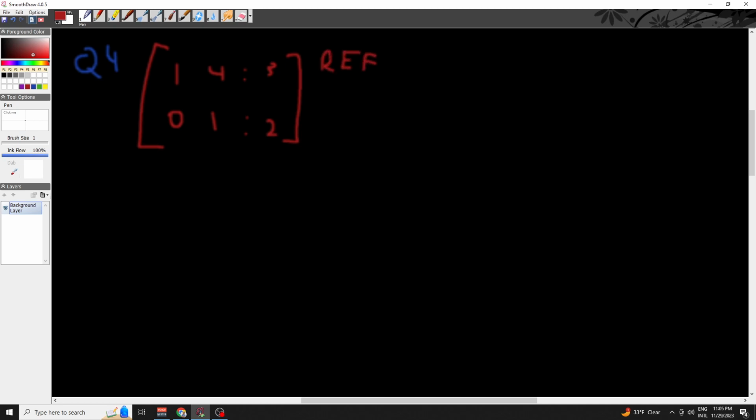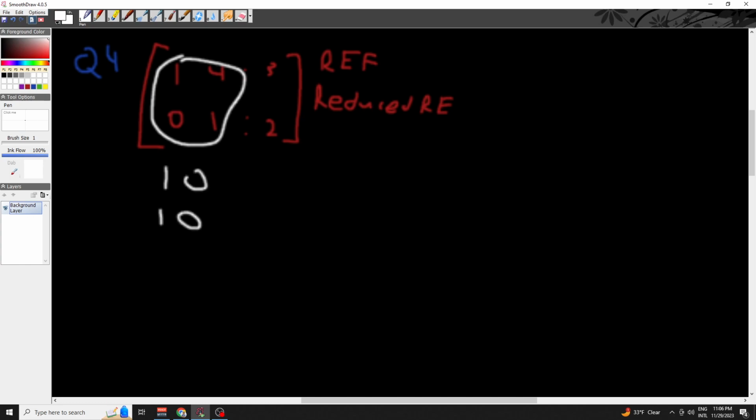We want to get it to reduced row echelon formation, which is essentially making this left side an identity, which is basically 1, 0, 0, 1. I don't know why it switched off of white there unless I clicked it. You want to make this left side look like this. And frankly, anything is on the table to make it look like that.